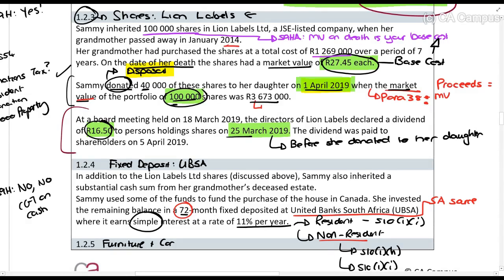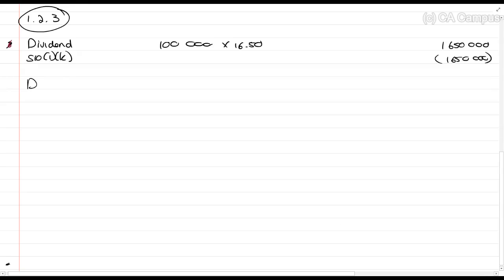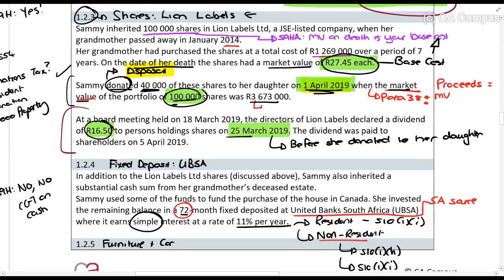She donates 40,000 of the shares on the 1st of April. Donation 1 April 2019. Now remember what that means. This means proceeds in terms of paragraph 38 is the market value at that date. So the market value of 100,000 shares at that date is 3673.